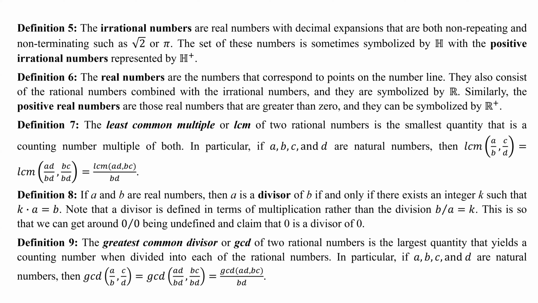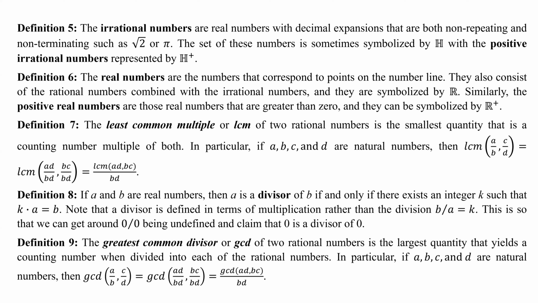Got it? Well, let me break that down for you. Most of the time when we're finding the least common multiple of two numbers, we're just doing it with natural or counting numbers, such as when we say that the least common multiple of 4 and 6 is 12.